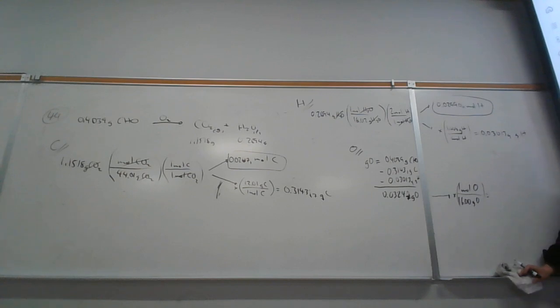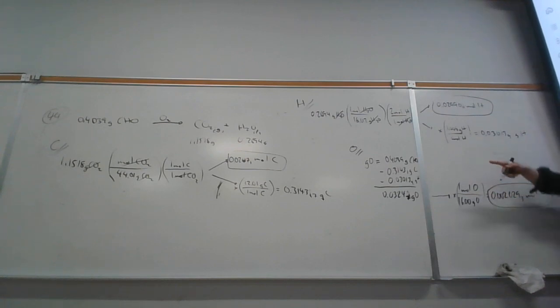Alex, this is my calculator guy. 2.029375 times 10 to the negative third, or 0.002029375 moles of O.